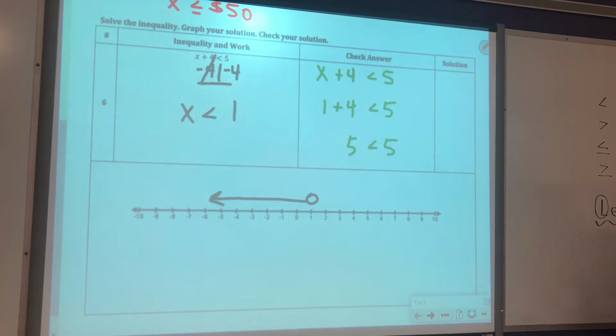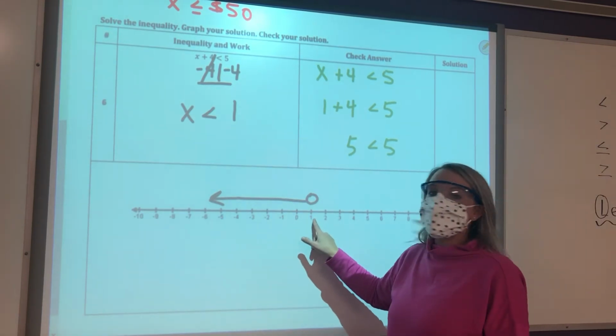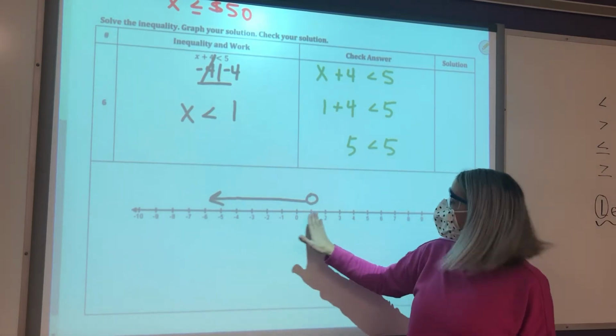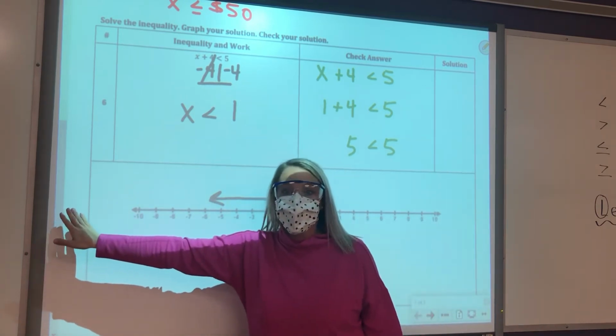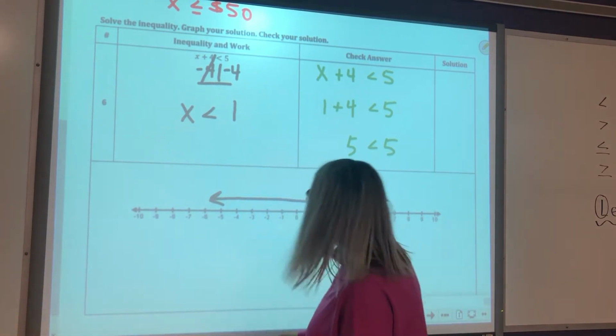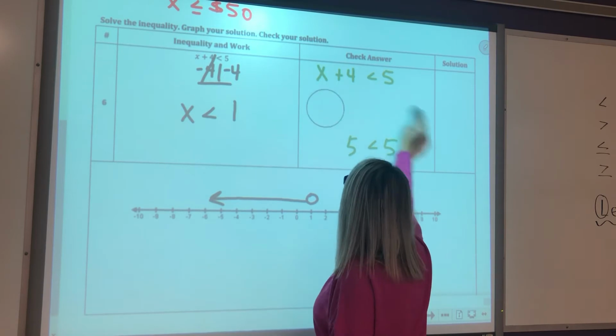No. Okay? So 1 is not a solution, but all these values that are less than 1 are solutions. So someone give me a value that's less than 1.